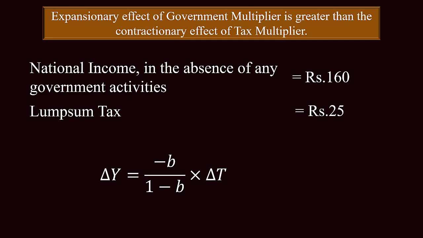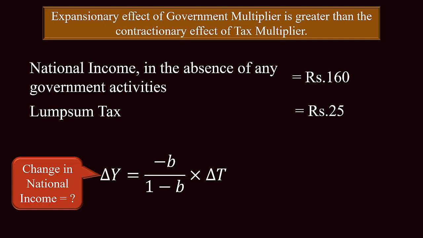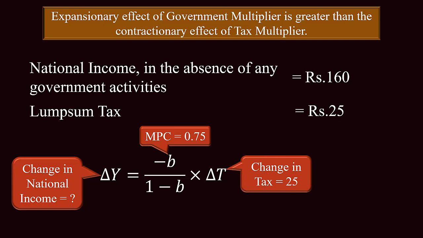Symbolically, it can be stated as delta y equal to negative b over 1 minus b times delta t, where delta y represents change in national income, b MPC, and delta t change in tax. Change in tax is 25 rupees, MPC is 0.75.